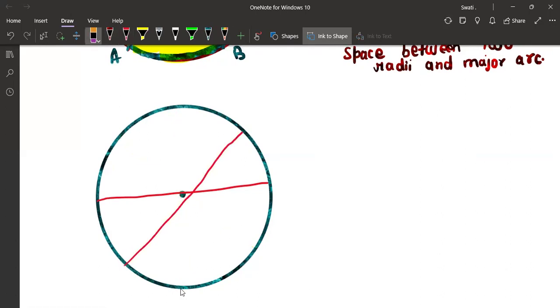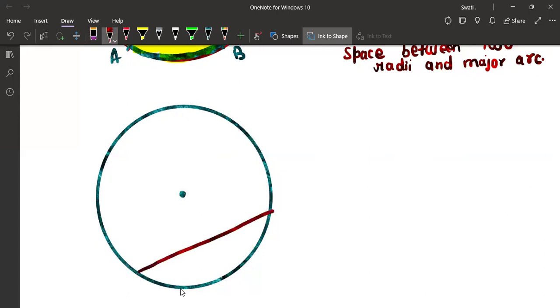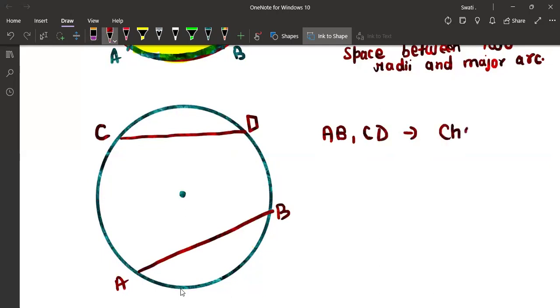What if I draw one line which is not passing through the center? For example, suppose I'm drawing a line like this. Is it passing through the center? It is not. Then what are such lines called? For example, AB, for example, CD. These are called chords.